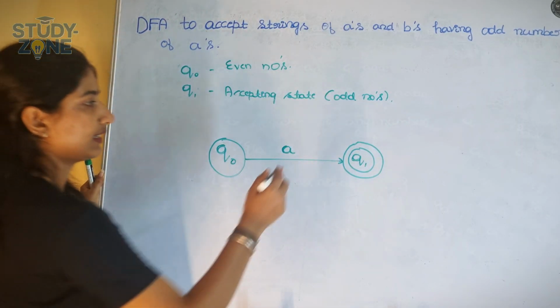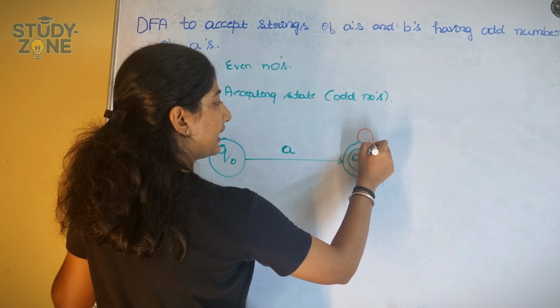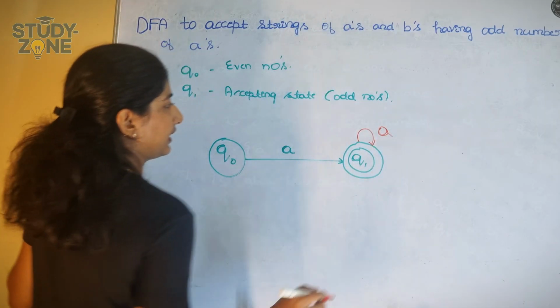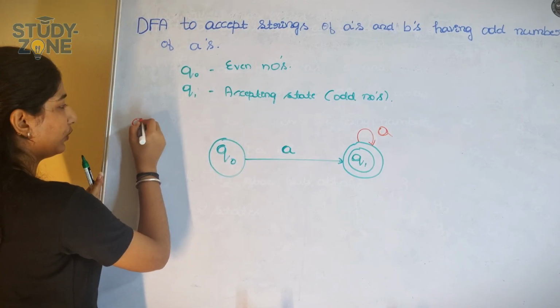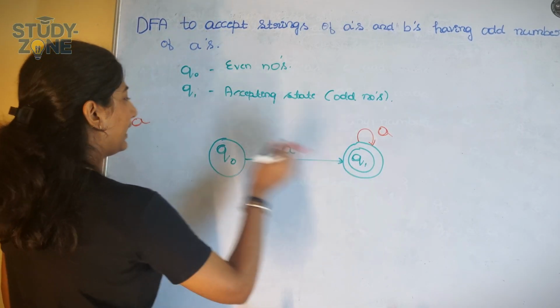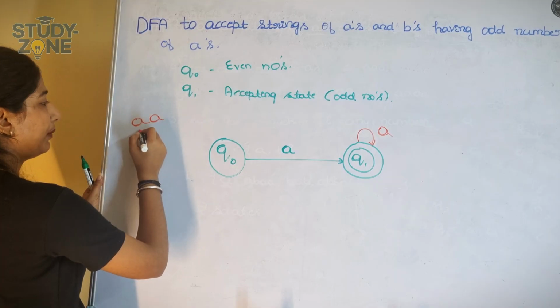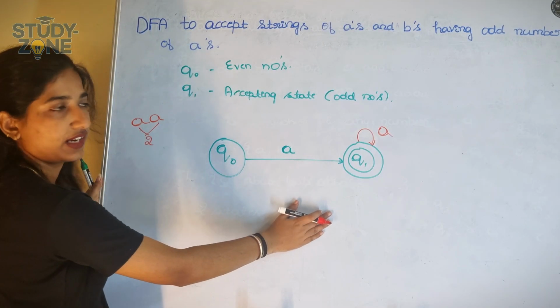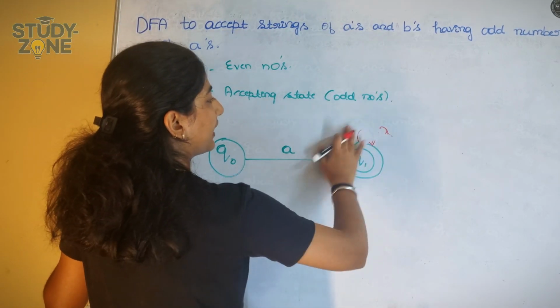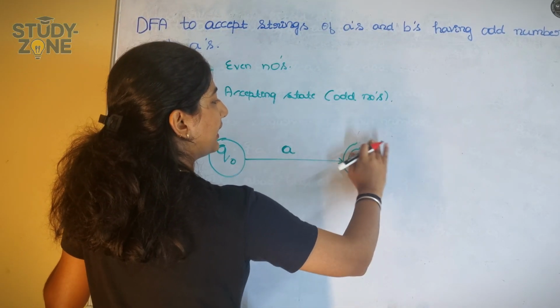So let's check what to do if it is there in Q1 state. Q0 on A moving to Q1 and Q1 on A staying in Q1, but it is an odd number of A's. So this transition diagram is not correct. So I can't take the A here.